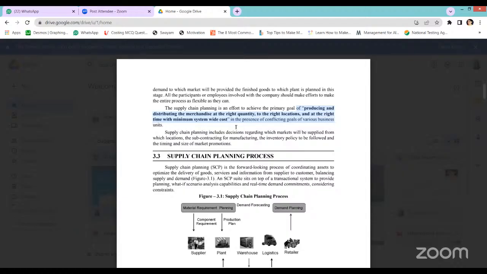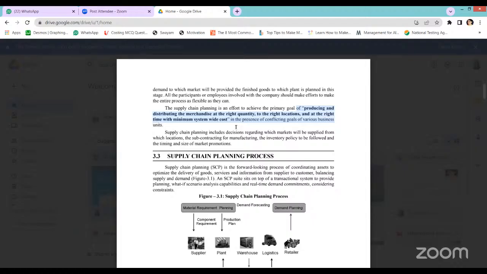Different businesses have very different goals. Among all these, the primary goal of any supply chain planning is to produce and distribute your output at the right quantity. Over or under, both impact the company's success. Next, the right location.